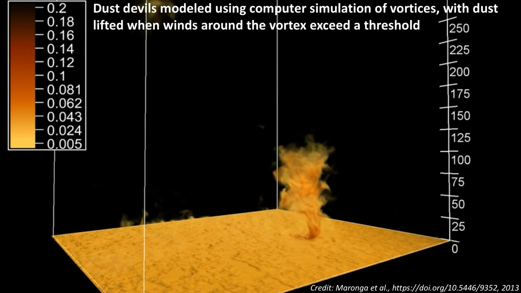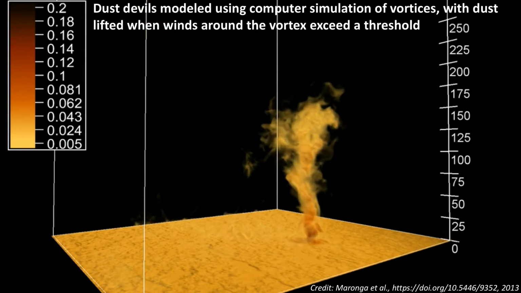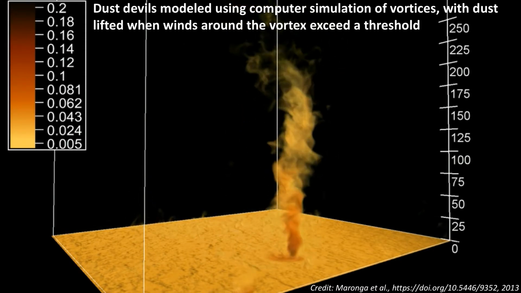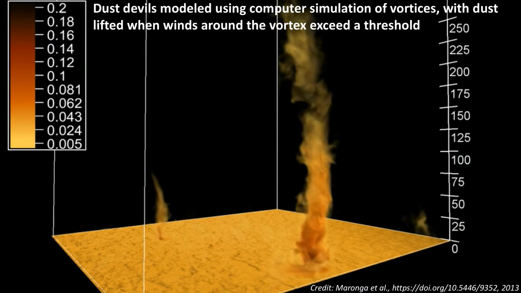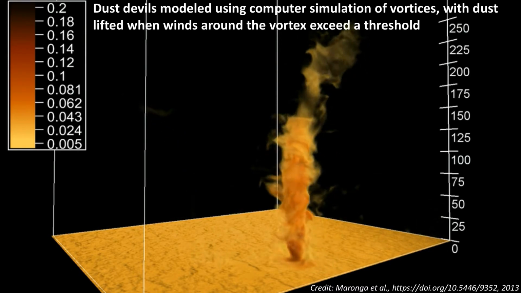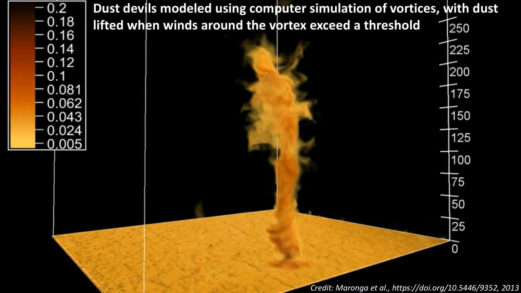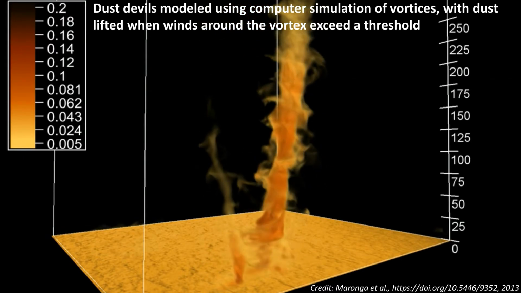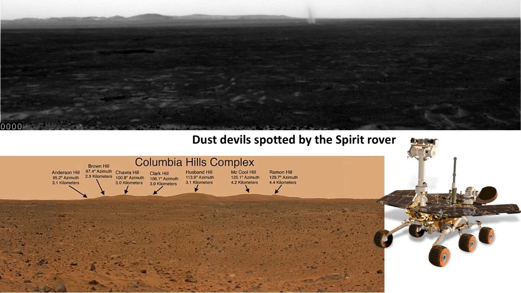And so you can see how beautifully that reproduces what you see in a lot of real dust devils, where this dust is being pulled up by the winds that are blasting around very quickly around that central pressure drop, and really causing a load of dust lifting. And one of the questions is whether it's winds or the pressure drop that is responsible for the most dust lifting, or whether it's some combination of the two.